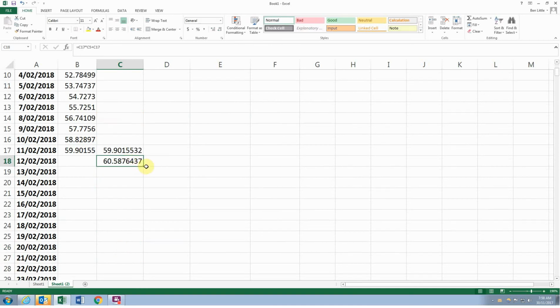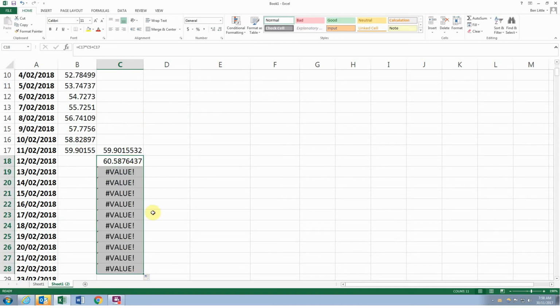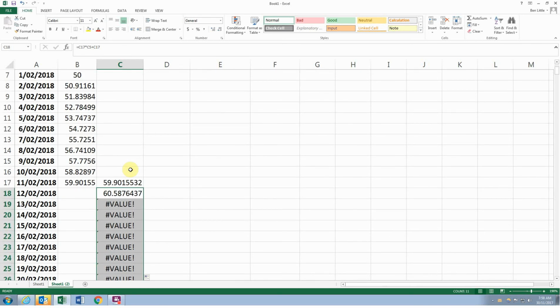And then we can just fill down, and we'll go from 60 to 100. Oh, and we forgot to put the dollar signs in there. Just whack them in, press enter, we'll go back and fill down.